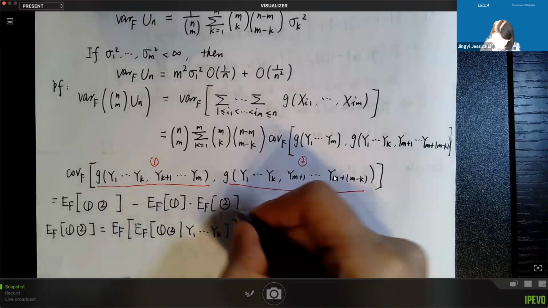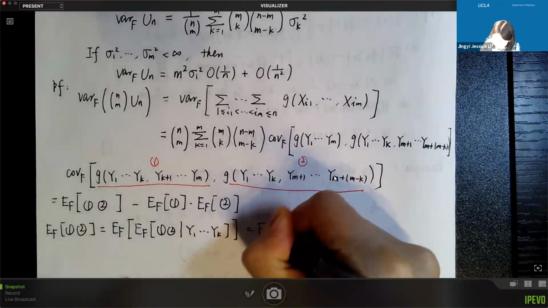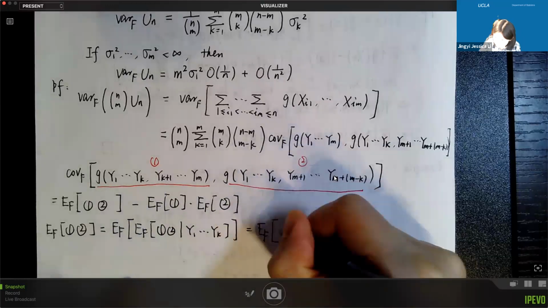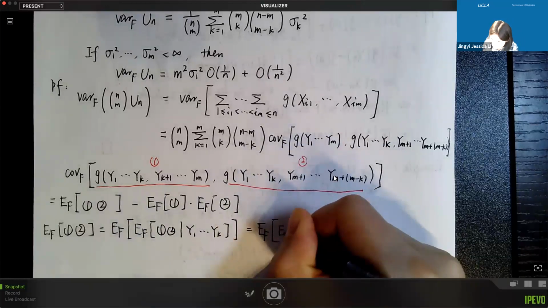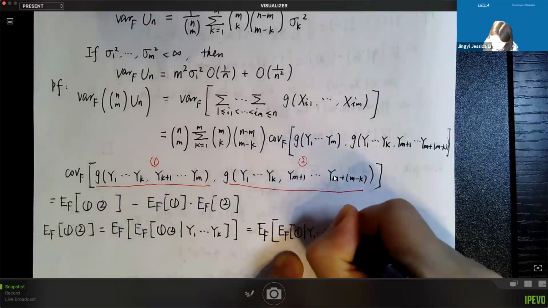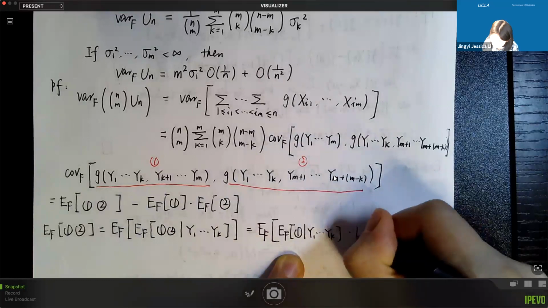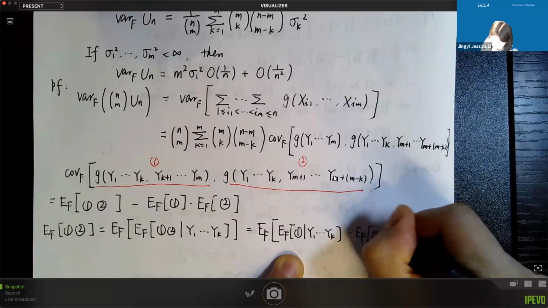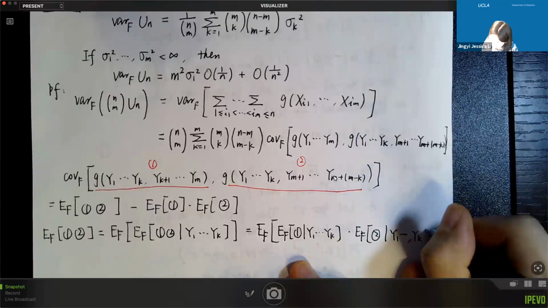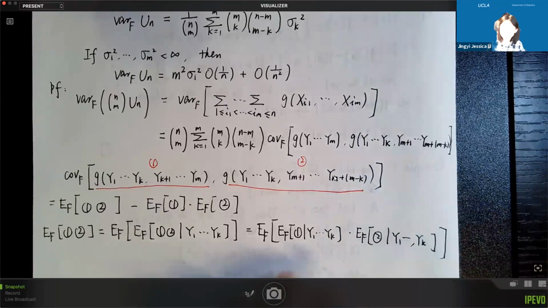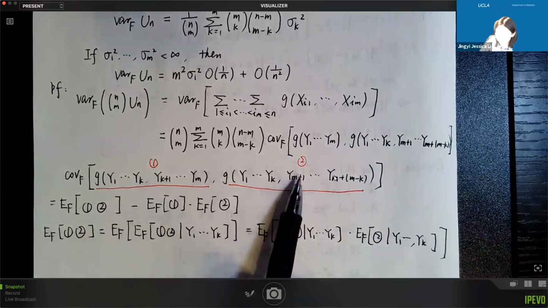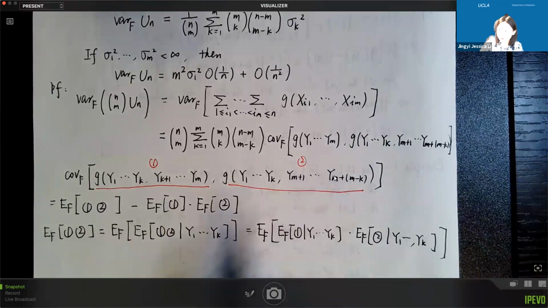So for the inner expectation, I can separate it into 2 expectations. It's equal to the expectation of 1 given y1 to yk times the expectation of 2 given y1 to yk. The reason I could do this is because yk plus 1 to ym and ym plus 1 to ym plus n minus k are independent.